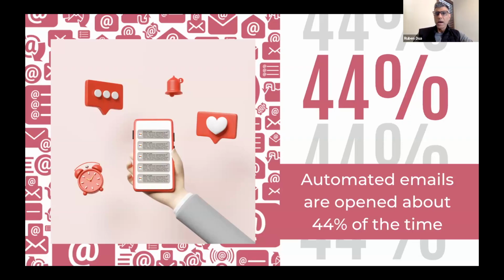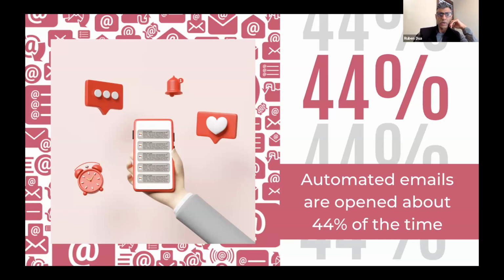All right, let's start with a super interesting statistic. Automated emails are opened about 44% of the time. Now, let's just think about that number for a second. 44% of the time they are opened. That is an unusually high email open rate, okay?